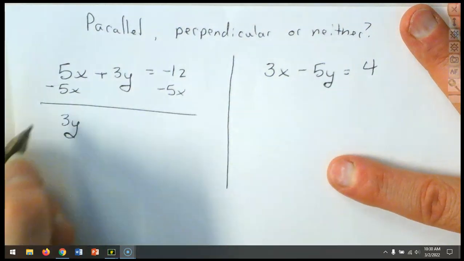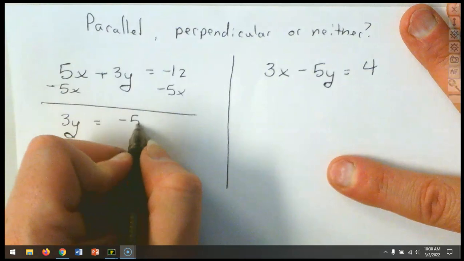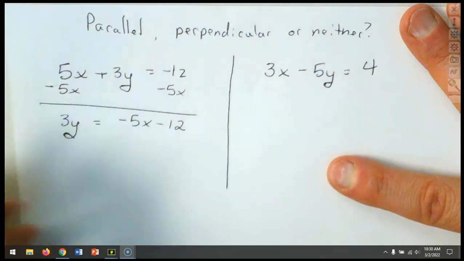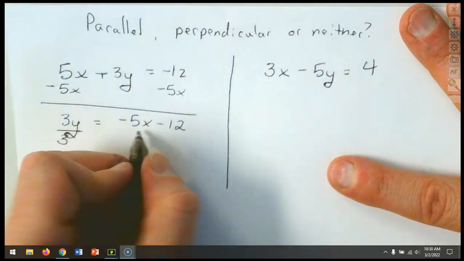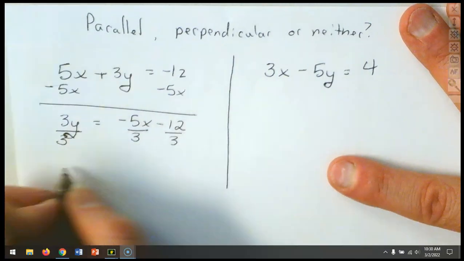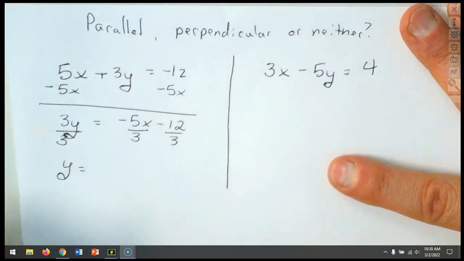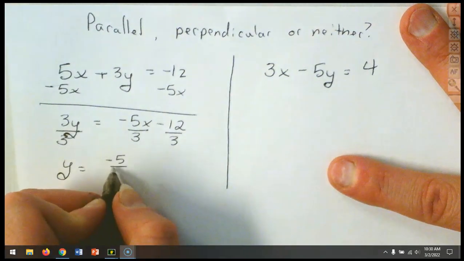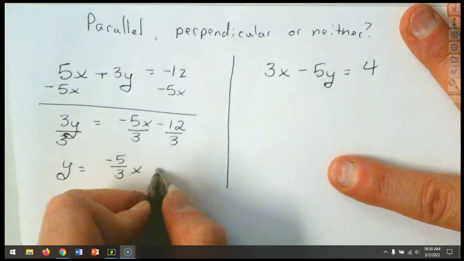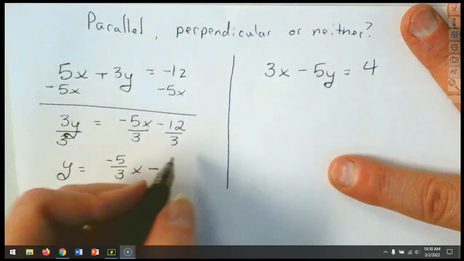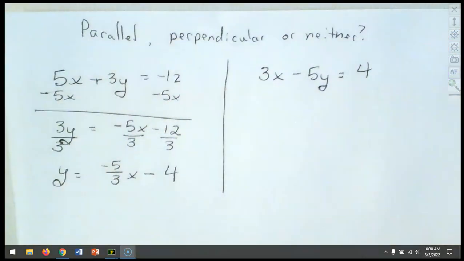So 3y now equals minus 5x minus 12. Divide by your 3 and reduce as much as possible. So when I reduce it down, I get minus 5/3 x. And 12 over 3 makes it a 4. The sign was negative, so the negative just comes down.